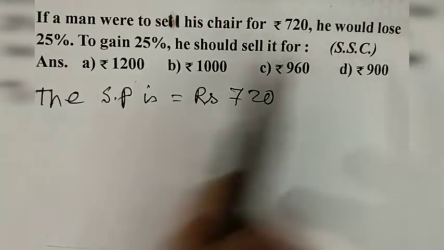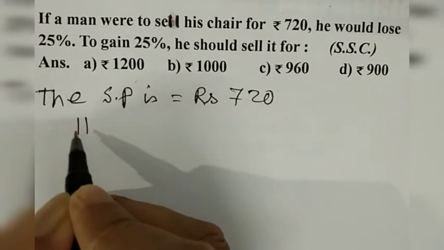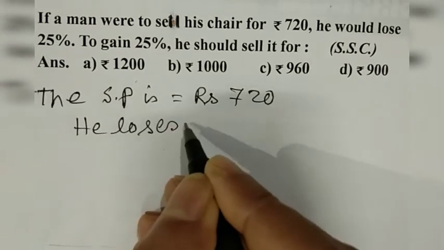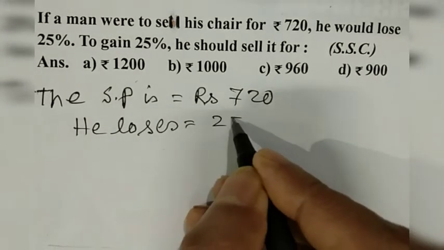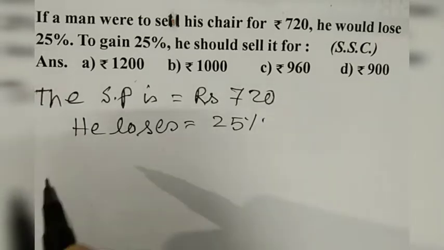He would lose 25%. So, he loses 25%. We want to find out the cost price of the chair. So, we have to go back, means selling price to cost price.